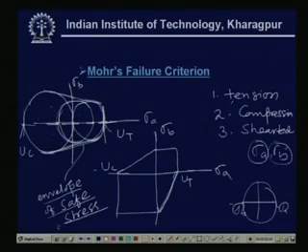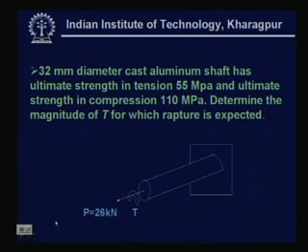The two popular theories are the maximum shear stress theory and the distortion energy theory, and for the brittle material we consider the Mohr's failure criteria and the maximum normal stress theory. So these are very important situations.